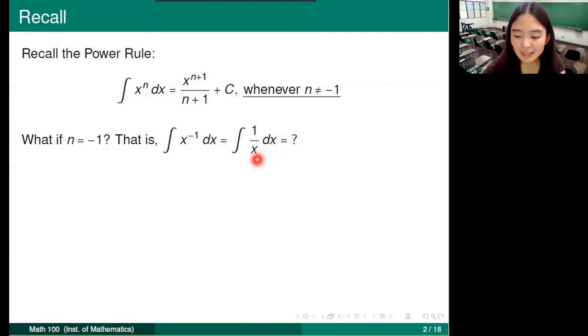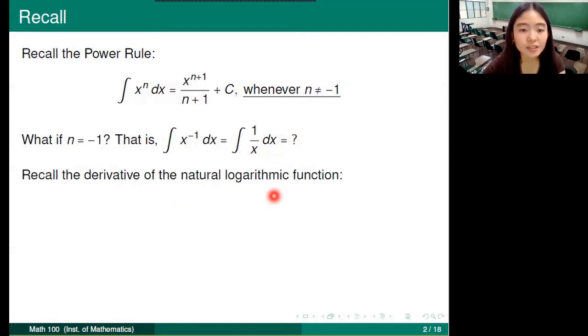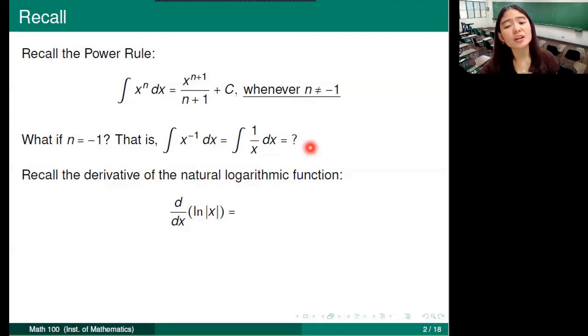But before we answer this, let us recall the derivative of the natural logarithmic function as follows. So dito, ang paparecall ko sa inyo, sana ay yung ln absolute value of x. In general, ang natural logarithmic function natin ay ln of x lang. Pero recall quickly na ang domain ng ating ln of x ay only positive real numbers.